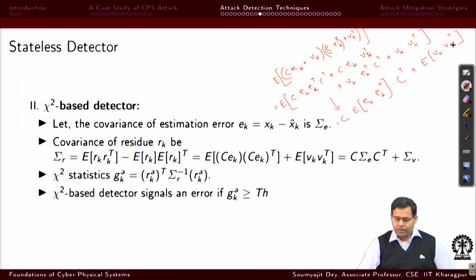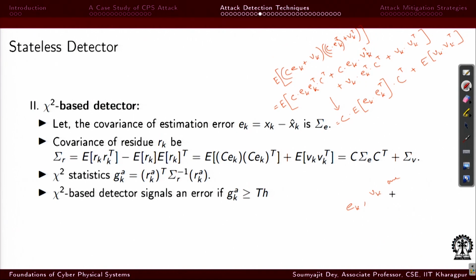E_k transpose, and you will have expectation of E_k V_k and expectation of V_k E_k transpose like that. Now, these will be the terms that will be 0, and the question is why they are 0.